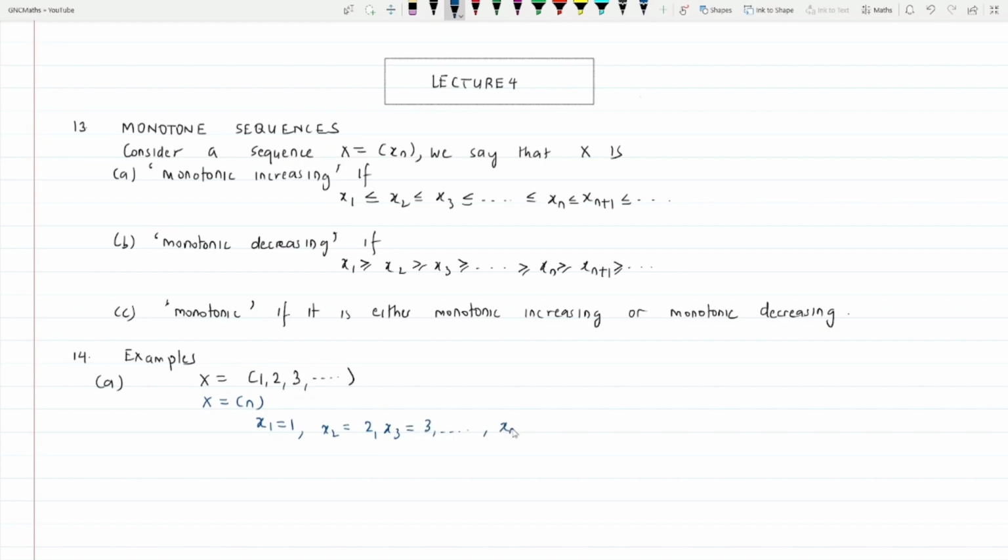We'll have xn equal to n and xn plus 1 equal to n plus 1, and this would continue. Now we have a clear inequality that x1, which is 1, is less than or equal to 2, less than or equal to 3, and this inequality continues for every term of the sequence. Thus we can say that the given sequence x is monotone increasing.